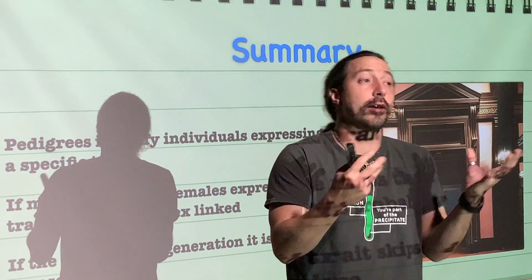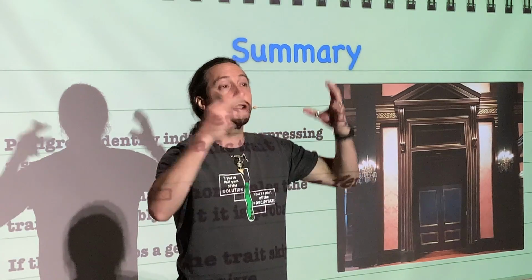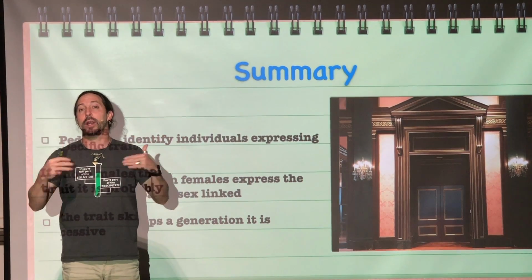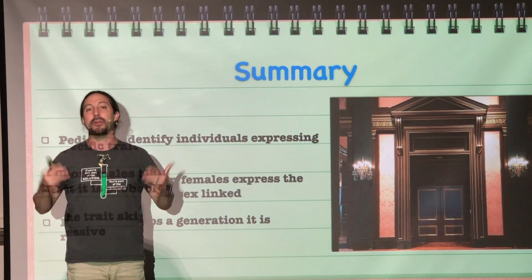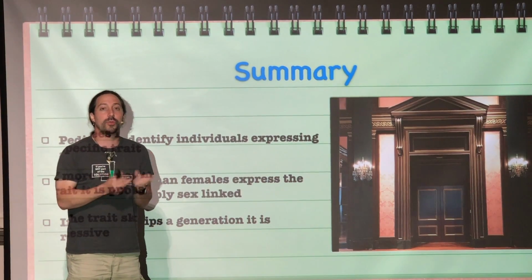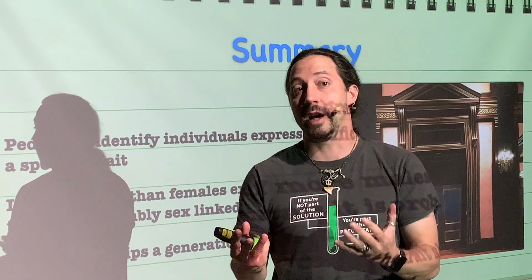Is that trait probably dominant, or is that trait probably recessive? The larger the pedigree, the more information that is provided, and thus the more information that we can say about that specific trait. It also would reveal to us what are the chances that an individual may be a carrier of a specific trait or not.